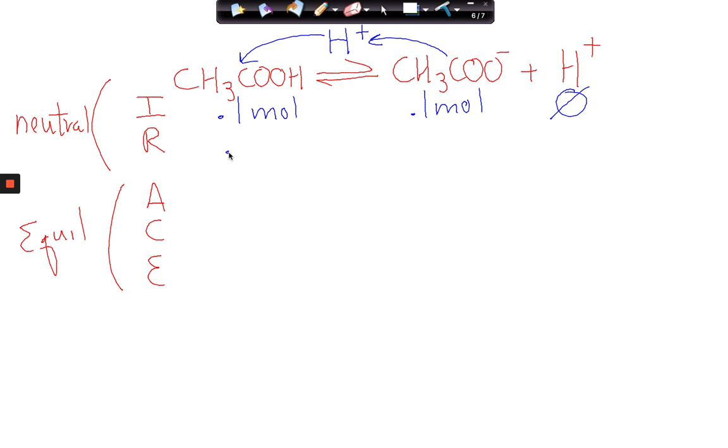We are going to react 0.05 moles and 0.05 moles, and this one isn't going to change. Now we have to put signs on it. Follow your arrows if you're not sure. Is this going up or down? It's going up, so this is plus, and this is minus.